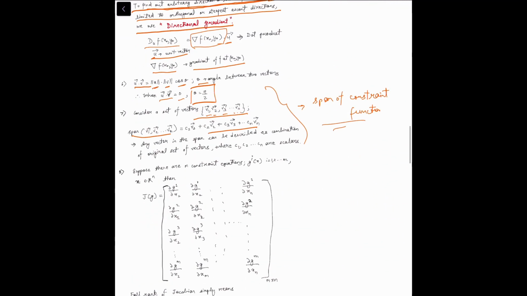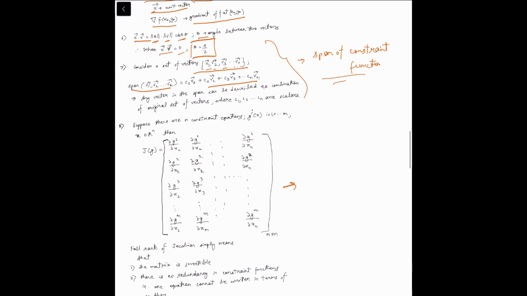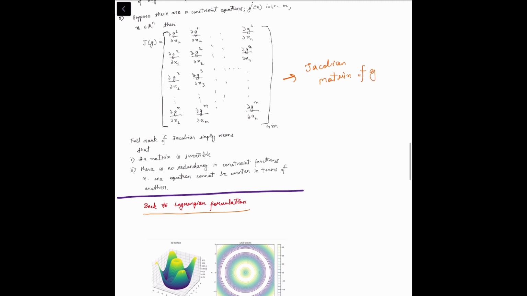Moving ahead, this is the mathematical formulation of the Jacobian matrix of G. Why are we studying this? Because we had assumed that the matrix is invertible. Why is it invertible? Because we are assuming that it has full rank.